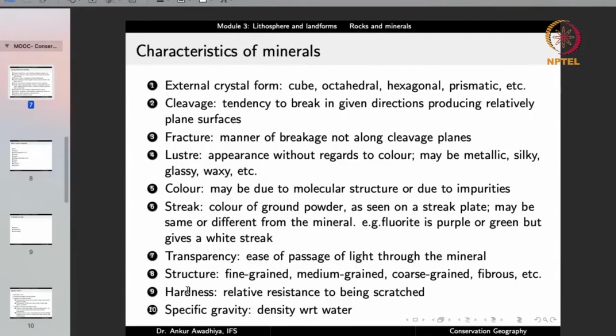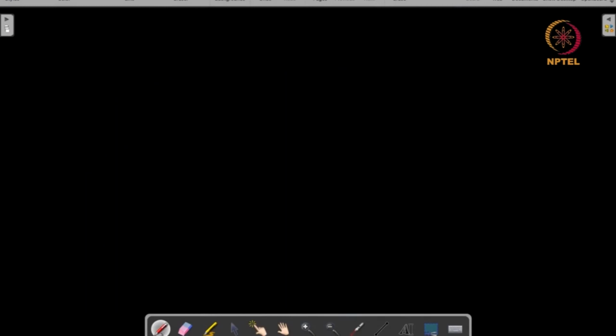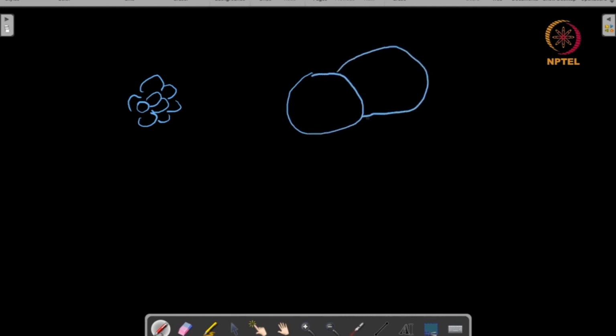Structure. Is the mineral fine grained, medium grained, coarse grained, fibrous, and so on? Now structure is typically looked at under a microscope, and it is possible that when you look at the mineral under the microscope, you have very small grains inside the mineral, or you have very large sized grains.